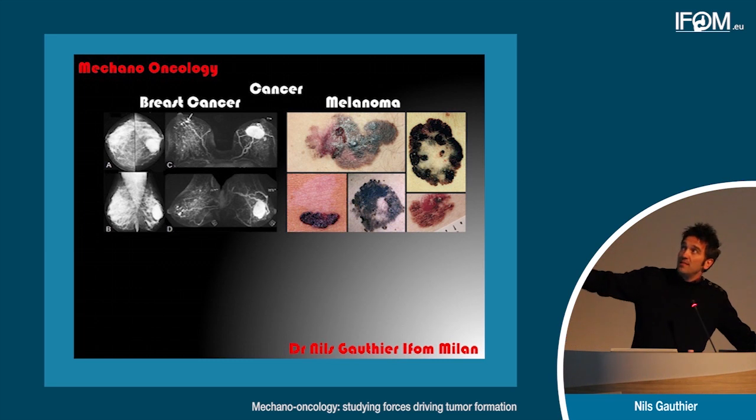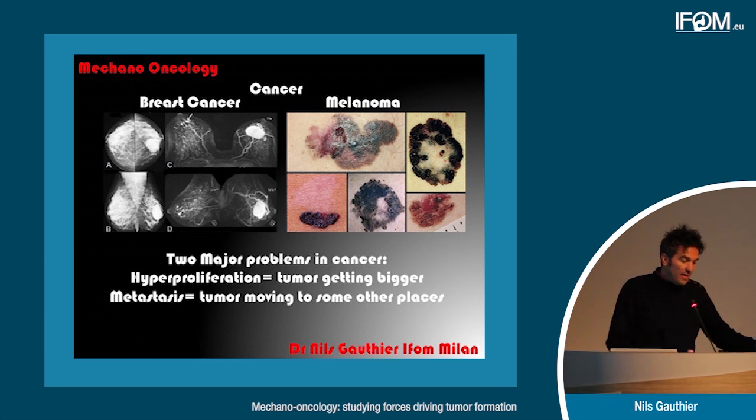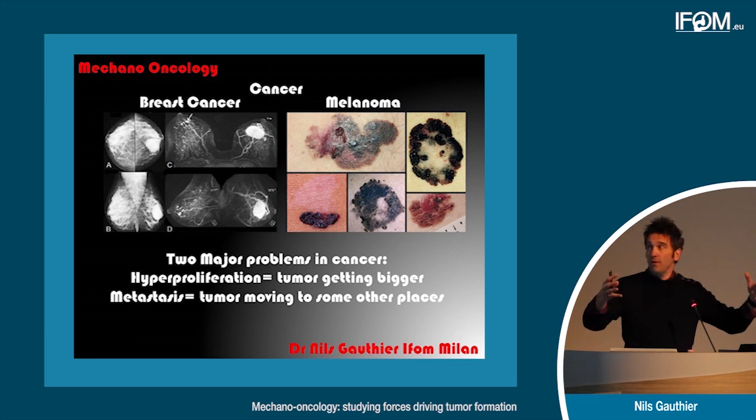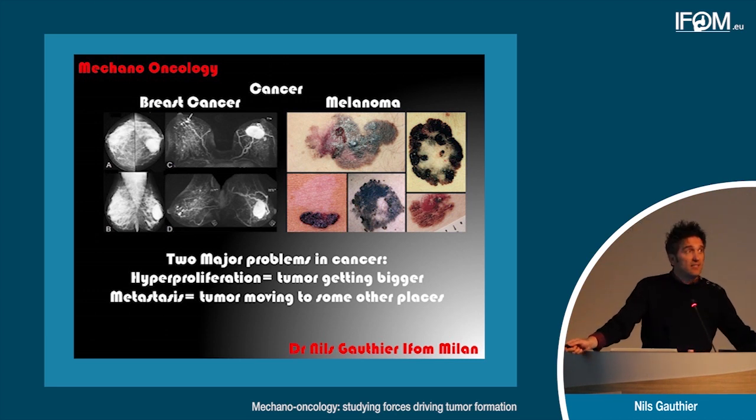That's called metastasis. Those are the two major problems of cancer. We have hyperproliferation, meaning the structure is getting bigger, and we have metastasis. This is the tumor moving to another place in your body and growing there, basically affecting all your functions.